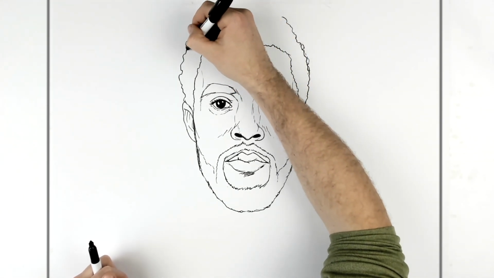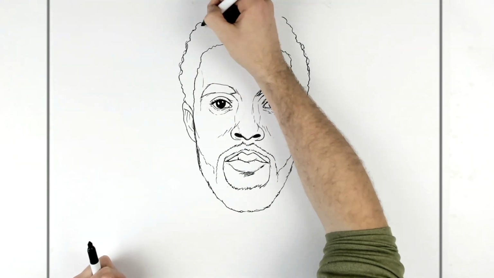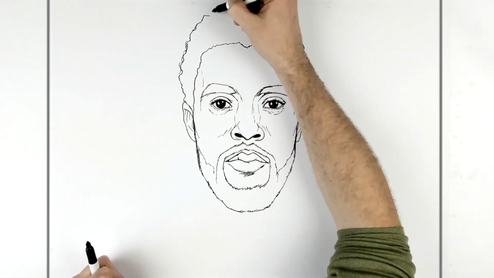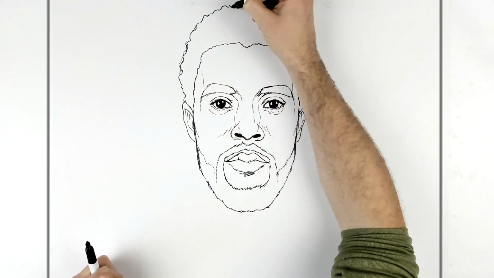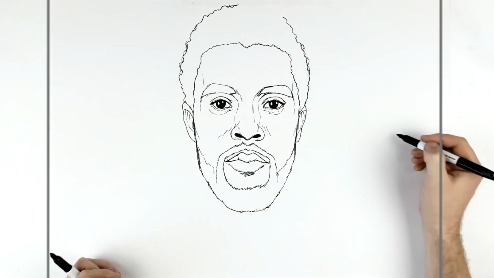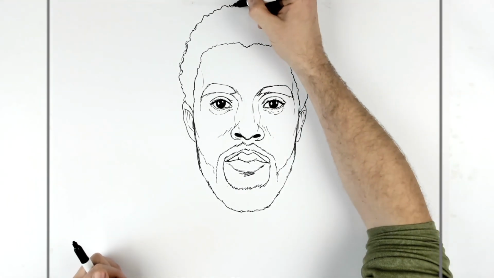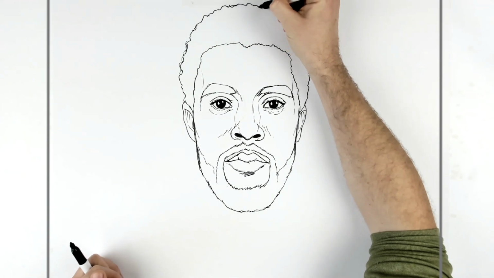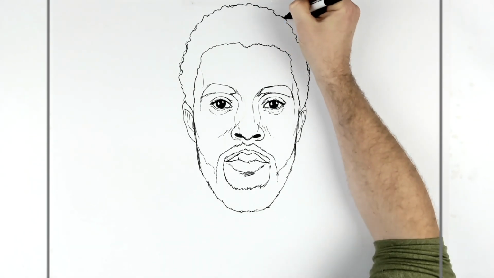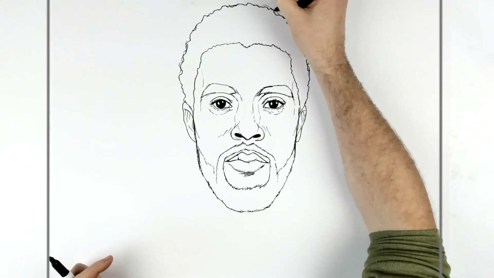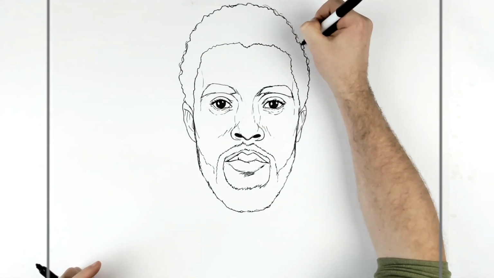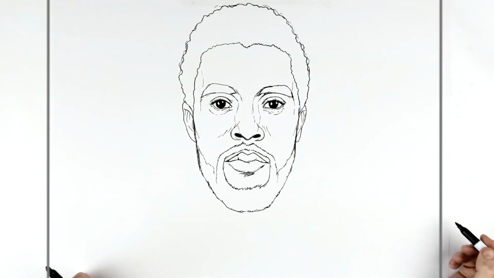Like kind of like this kind of stuff. Not bad. It does look like him a bit, I think. It's always hard to get a likeness with just line, like the shade, if you were shading this and stuff. It would, but I think it does kind of.